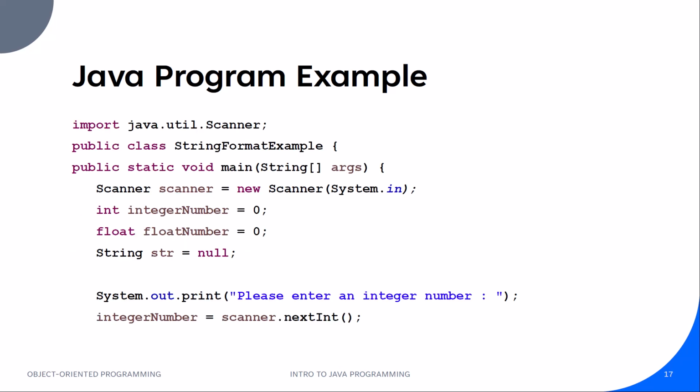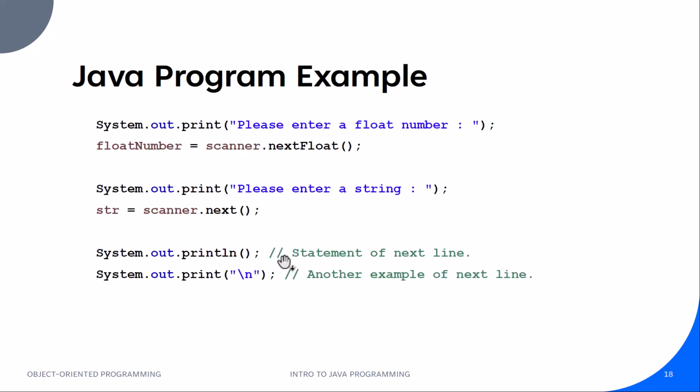Here is another example where we are going to format the outputs on the screen. I named this class StringFormatExample, which is very similar to our previous application. So let me just continue. Here I want to show you a use of println, which in this case is a statement of next line.